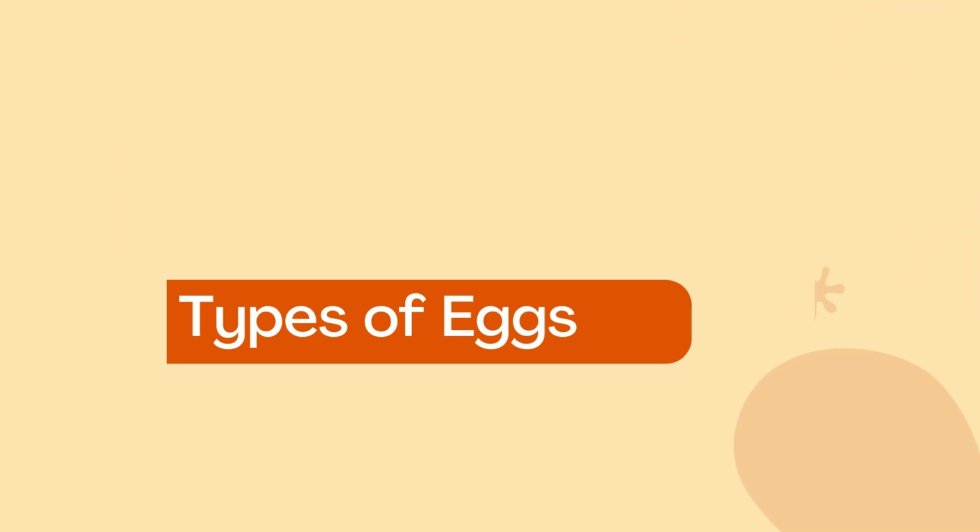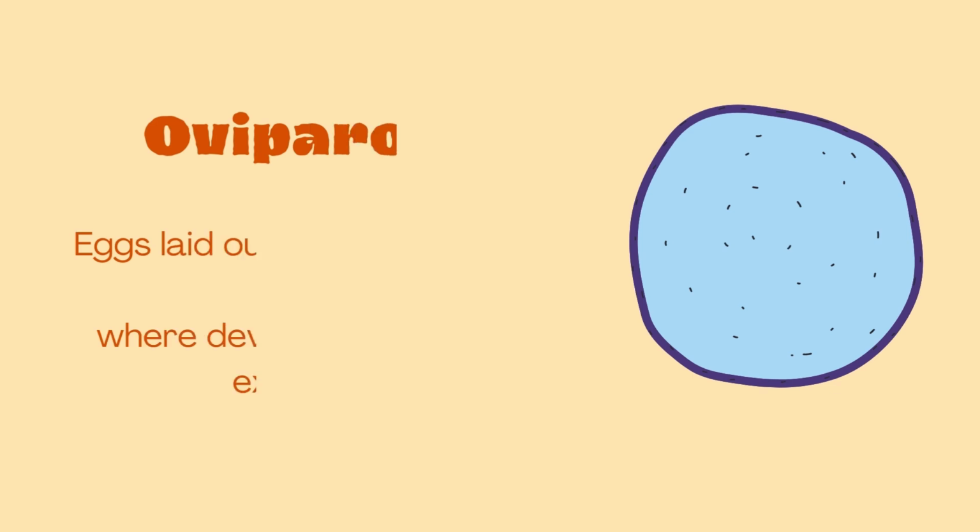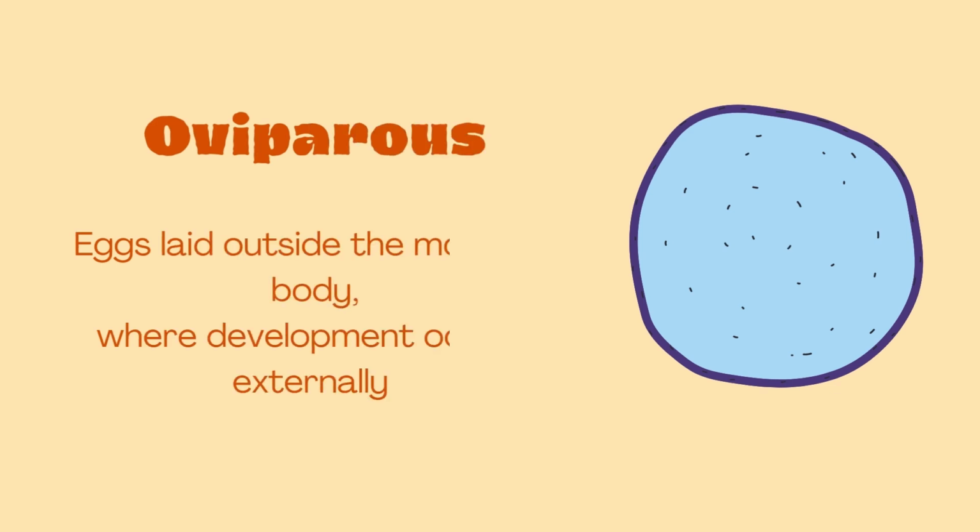The first one is oviparous eggs. And here the egg is laid outside the mother's body, where the development occurs externally. Let's give some examples. Bird eggs, for example, most reptile eggs, and so on. So, as we know, the bird's eggs are laid outside the mother's body. Also for most reptile eggs, and so on.